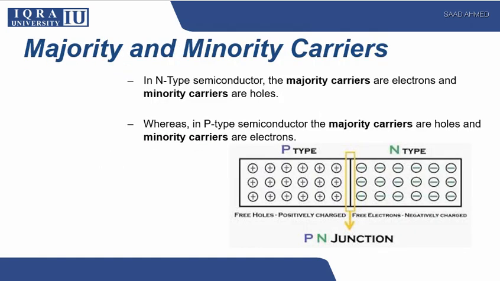Okay, in n-type semiconductors, the majority carriers are electrons, and the minority carriers are holes, the electrons and the holes in n-type semiconductor.